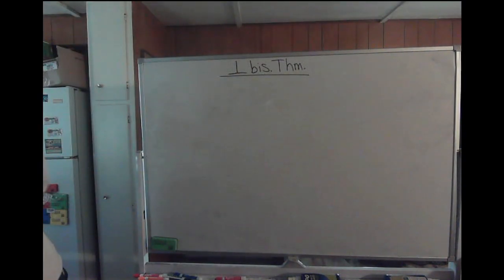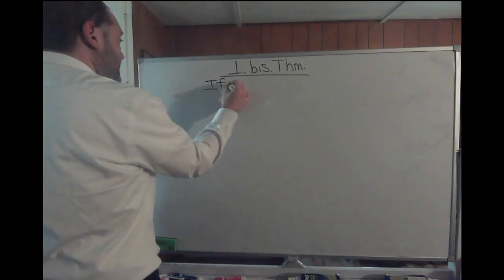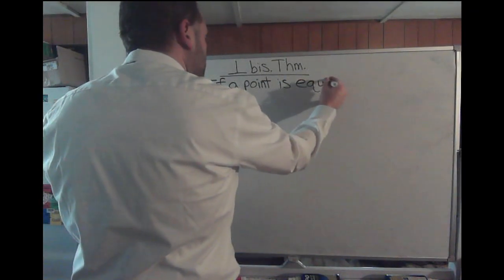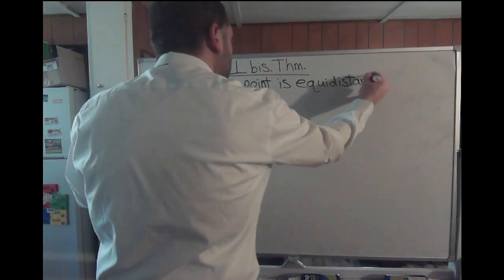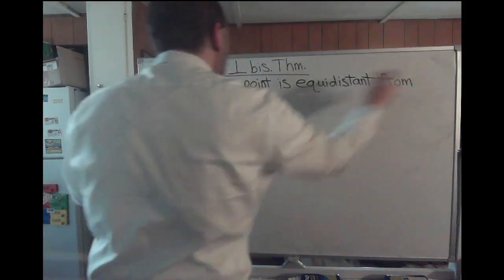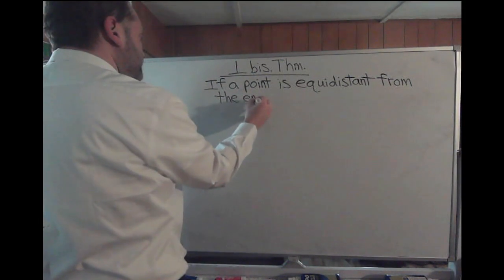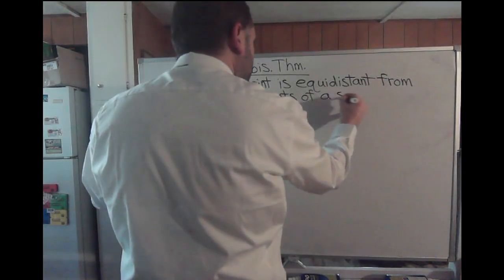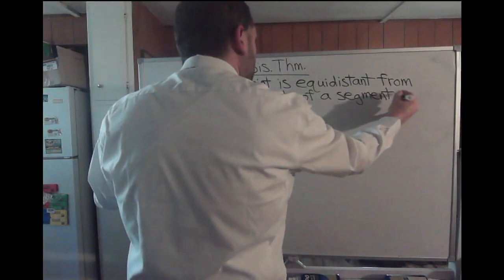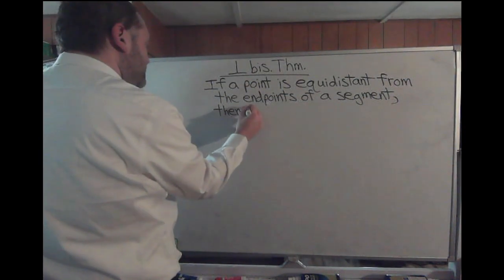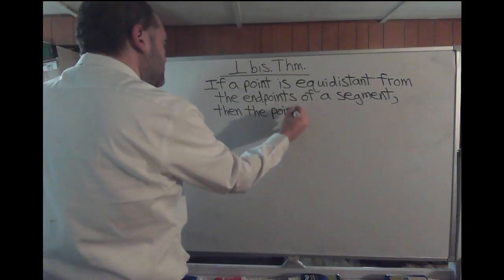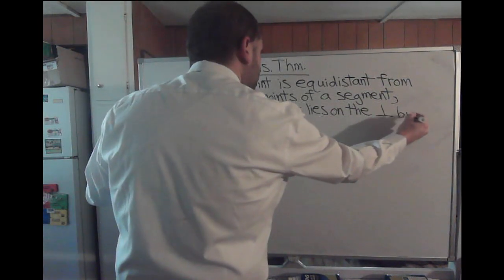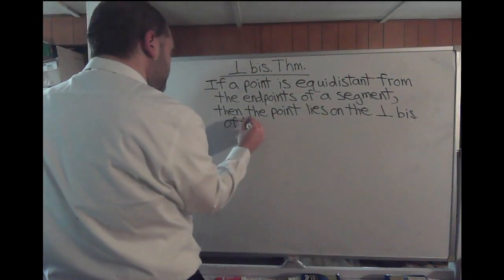The other part is, if a point is equidistant from the endpoints of a segment, then the point lies on the perpendicular bisector of the segment.